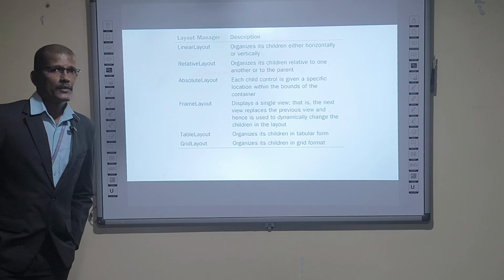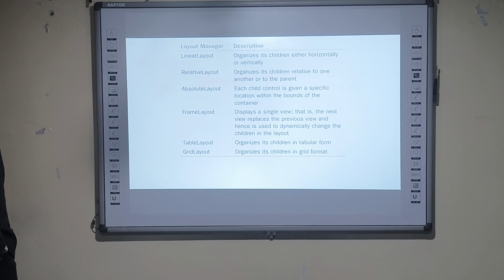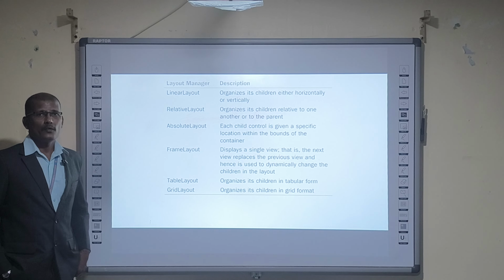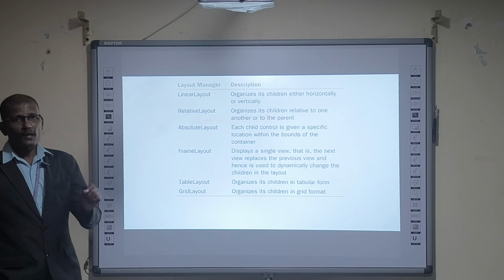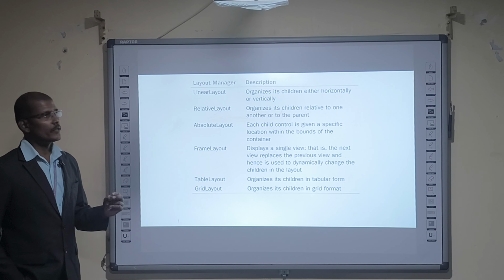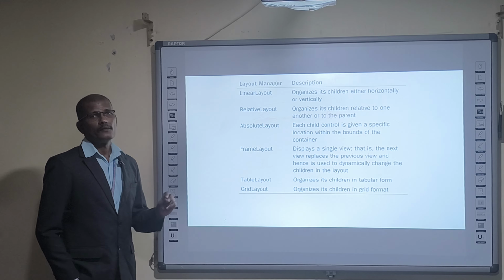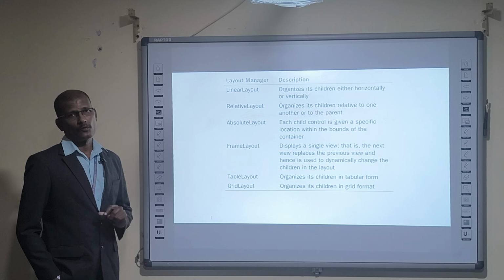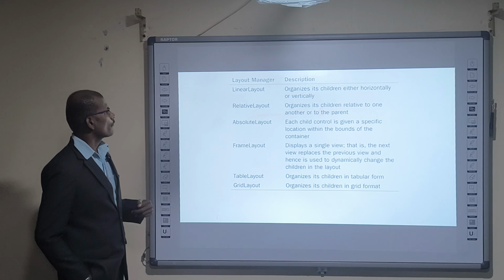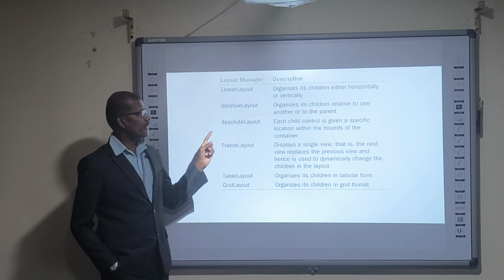So what are the different types of layouts available? Let's see. Linear layout: we organize all the views in a vertical manner or horizontal manner. Only two directions are possible in linear layout, horizontal or vertical. The second one is relative layout.